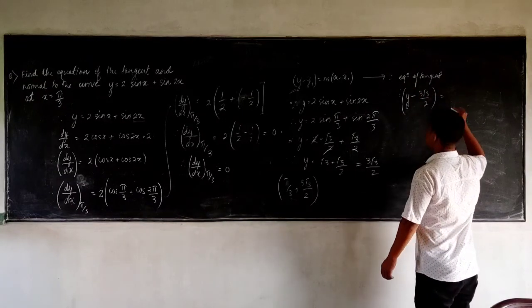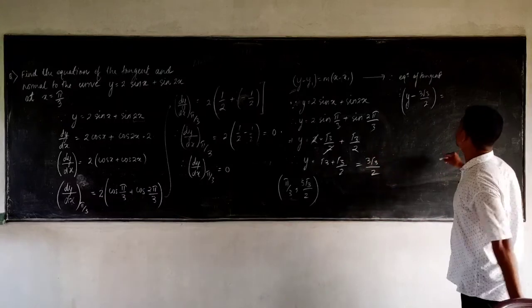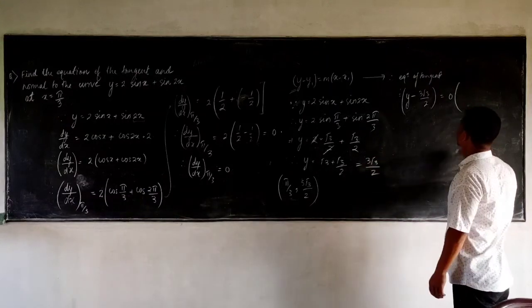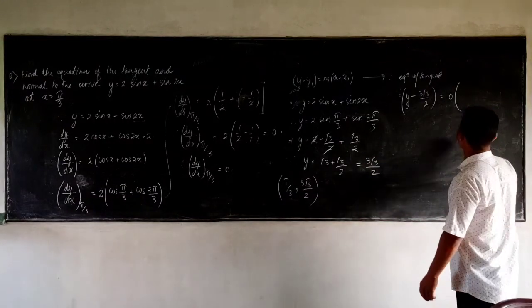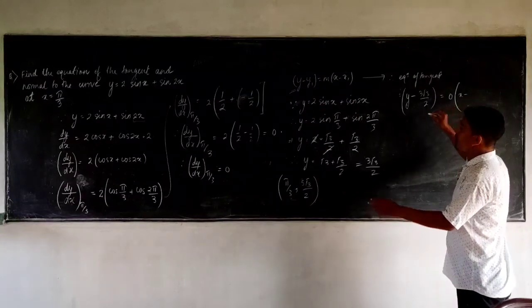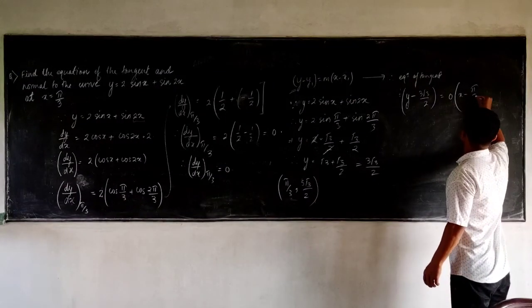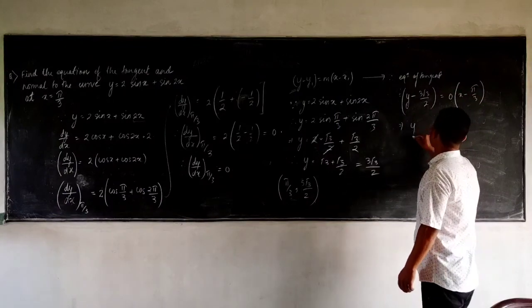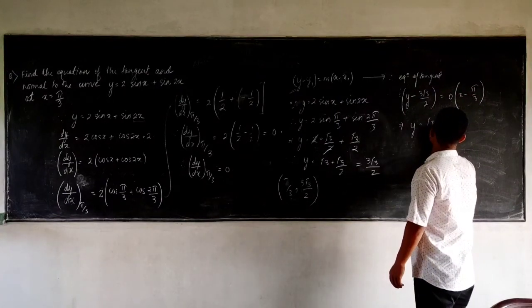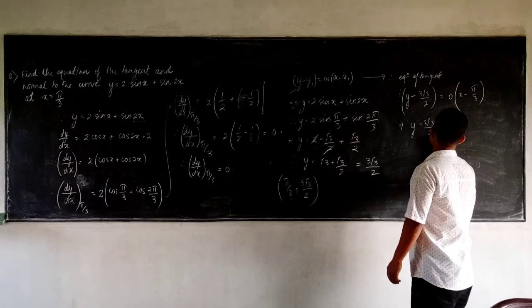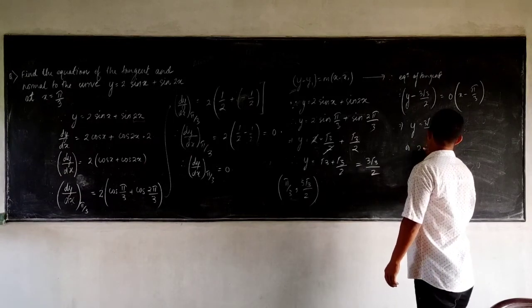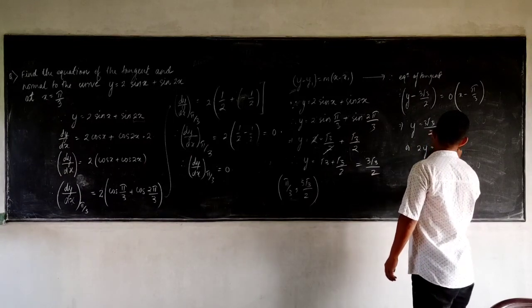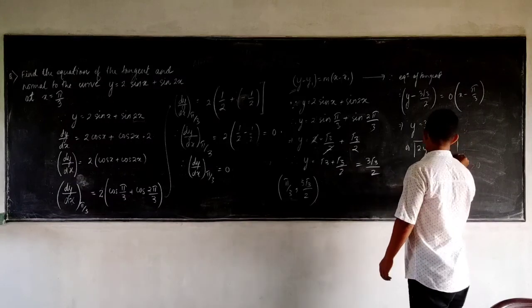Equal to m, that is the slope, which is 0, into x minus x1, where x1 is pi by 3. So this side no need to do anything, it's simply 0. Therefore y is equal to 3 root 3 divided by 2, or simply 2y equals 3 root 3, which is the required equation.